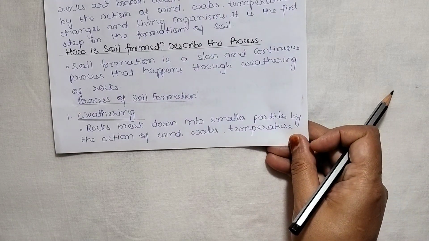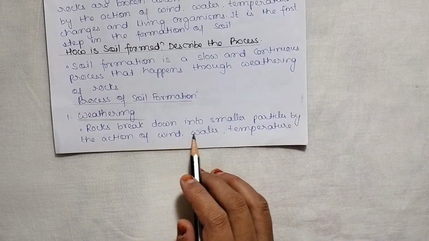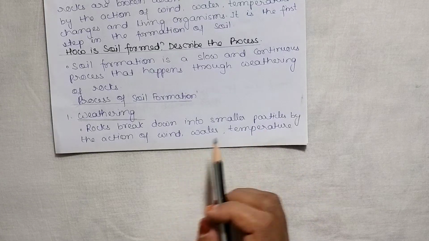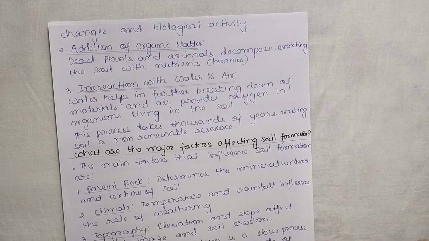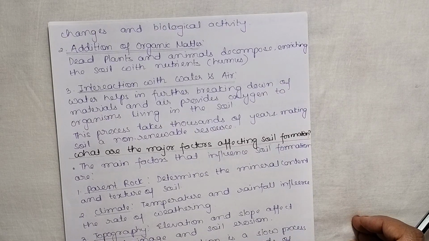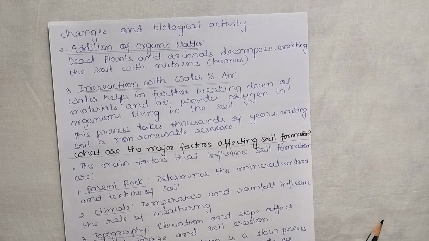Now the first one is the weathering. Rocks break down into smaller particles by the action of wind, water, temperature changes and biological activity. So first of all, weathering is done, that is the rocks are broken down into smaller particles.